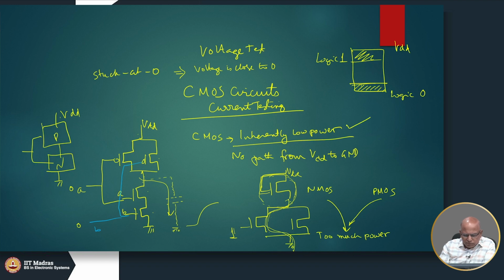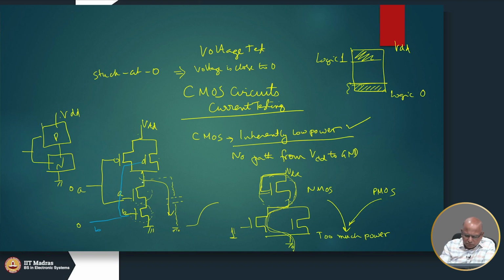A small current will flow, however, that is called a leakage current. Even when we have applied 0 volt to A and B, the voltage may not be exactly 0. It may be slightly anywhere in this region. So there will be some weak inversion in these transistors, and a current will flow.